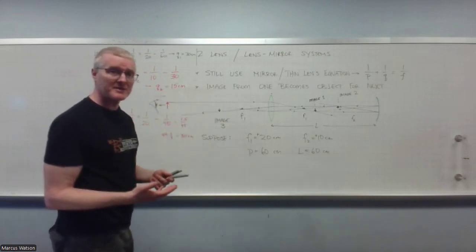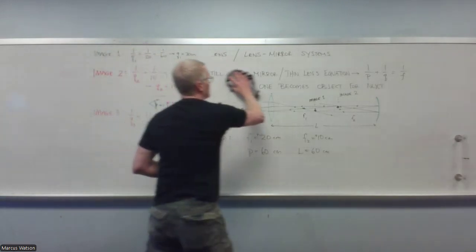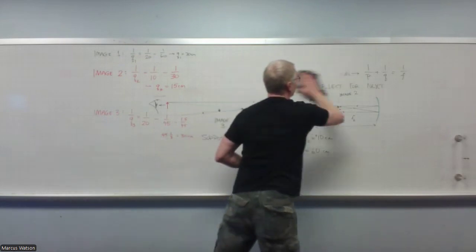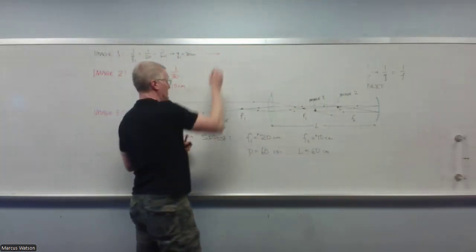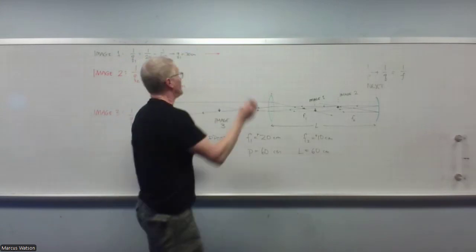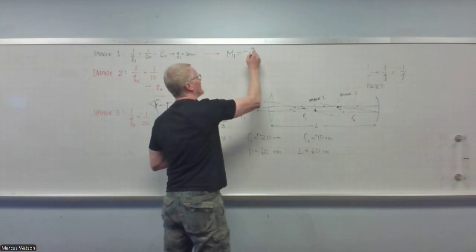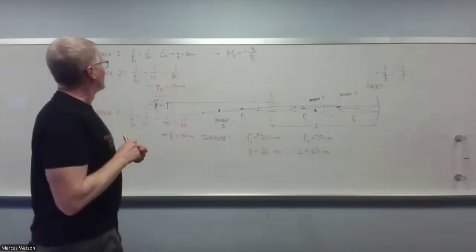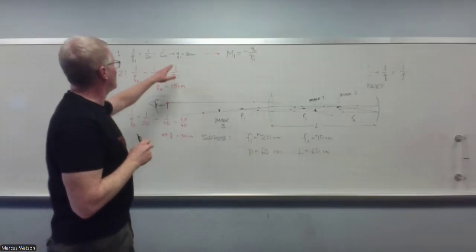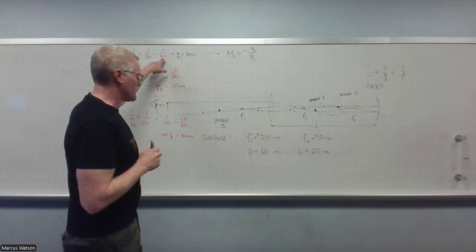Let's take a quick look at its magnification. Its magnification here in the first section, we should be able to calculate M1 as being negative Q over P, Q1 over P1. Let's see here, I've got a Q1 of 30 and an object distance of 60.